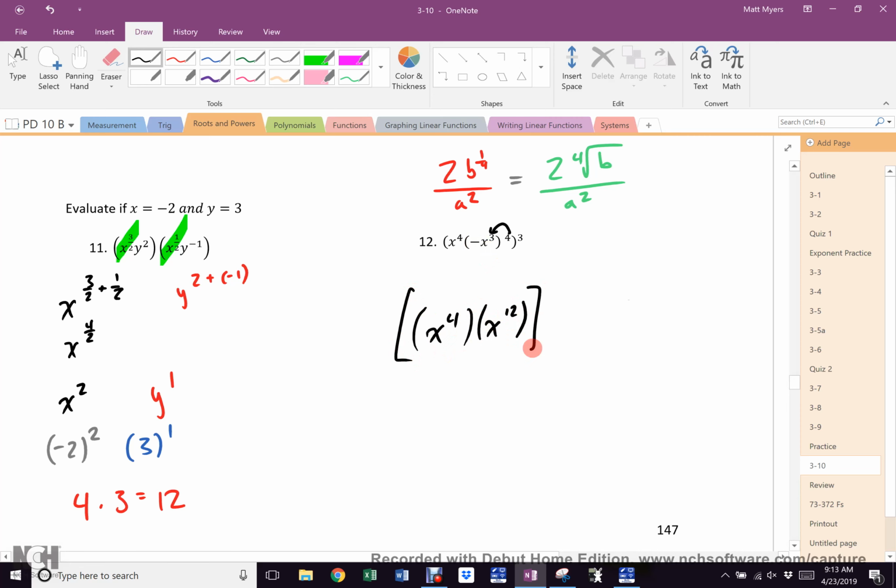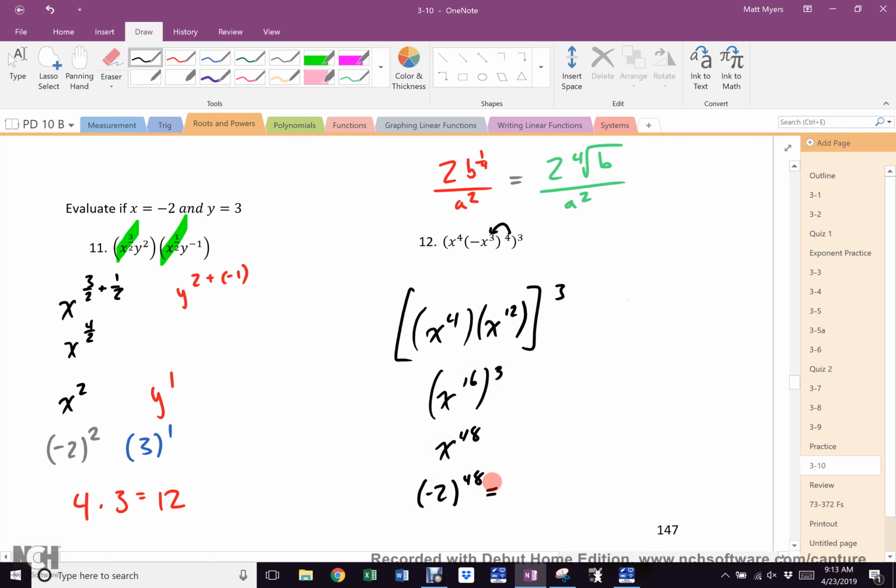All of that is to what power? 3. What do I do there? X to the 16th cubed. Then what do I do there? X to the 48th. What's x? X is negative 2, so it's negative 2 to the 48th.